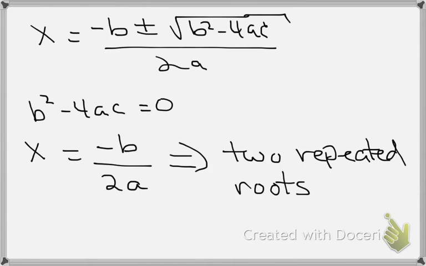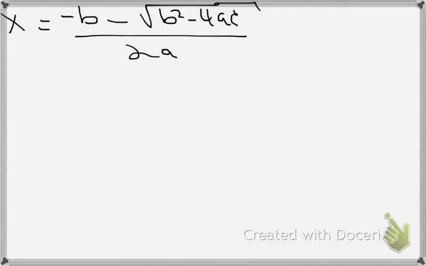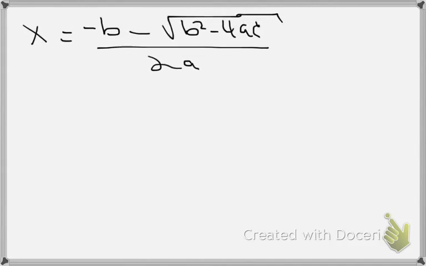Okay, so let's look at some of the other possibilities. Here's my formula at the top. Another possibility is that b squared minus 4ac is greater than 0.